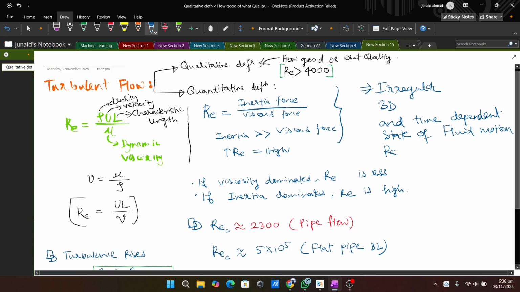That is a very important thing: random fluctuations. So you will see random fluctuations in the case of turbulent flows of the velocity and pressure.